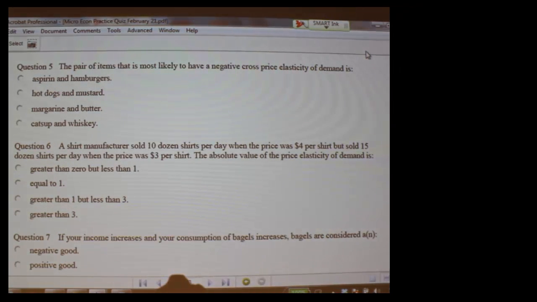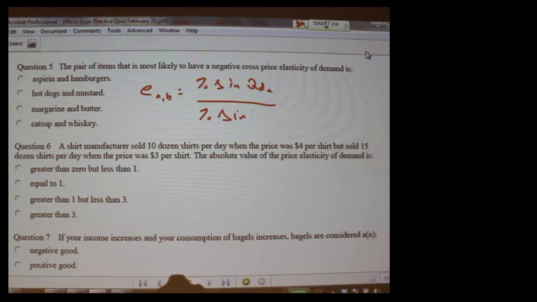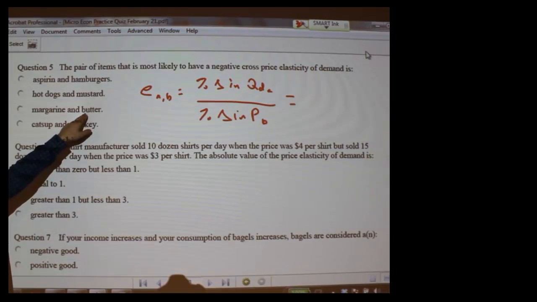Another way maybe to start this is to write down the formula for cross price elasticity between two goods A and B. And so that is the percentage change in quantity demanded for good A over percentage change in price for good B. And so let's first start by thinking about margarine and butter.